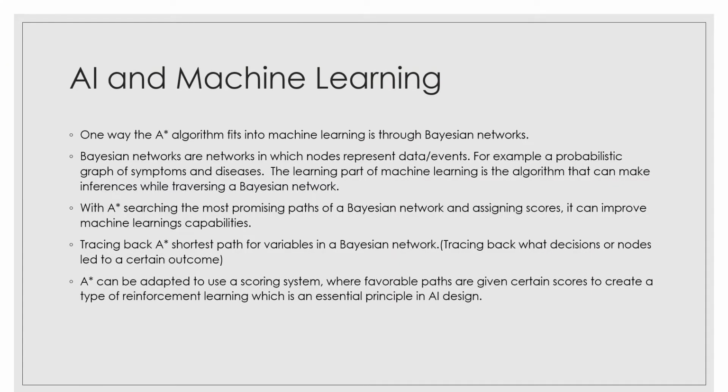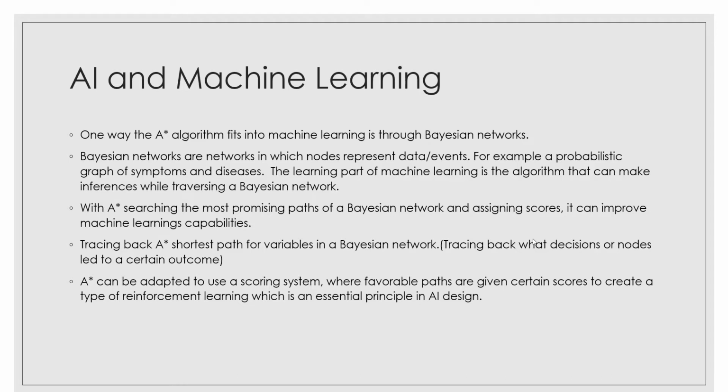Alright, another application of the A-star search algorithm is AI machine learning. The way A-star fits into machine learning is commonly when you use Bayesian networks. A Bayesian network is like a graph with nodes that, instead of representing regular data, represent data, events, or variables.